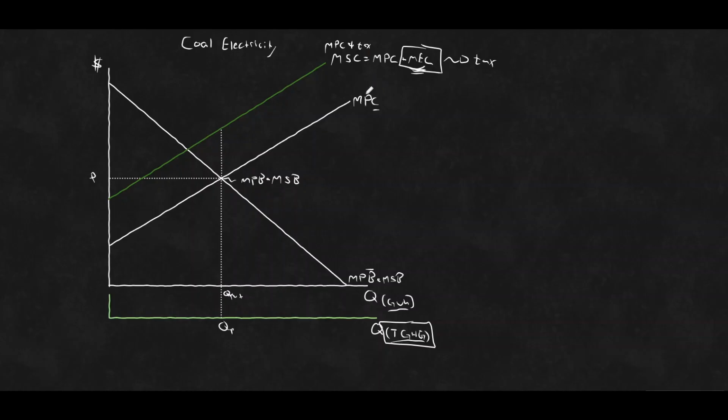Based off of having a tax on this, the firm now witnesses their new taxed marginal private cost curve and says, well, this price doesn't cut it anymore. Now we have to deal with these new prices, and the market is going to witness this new tax line as this new price with the tax.